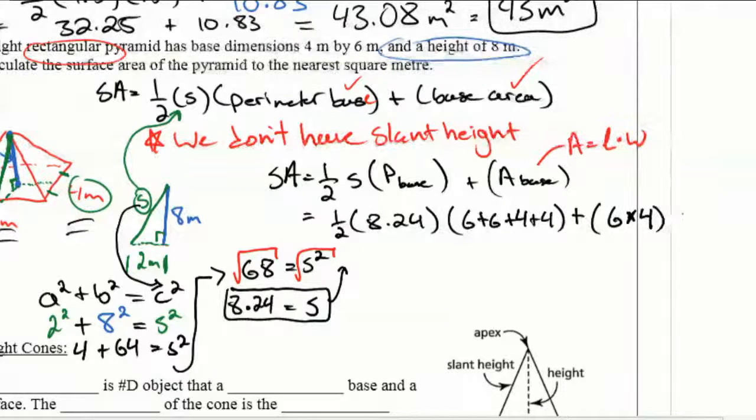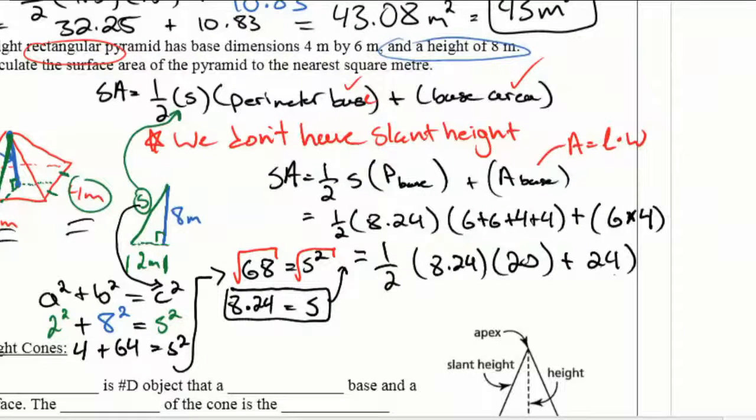So I'm going to have, writing everything down again, 1/2, 8.24 times 6 and 6 is 12, plus 4, 16, plus another 4 is 20. And then I'm going to do what's in this bracket, 6 times 4 is going to give me 24.